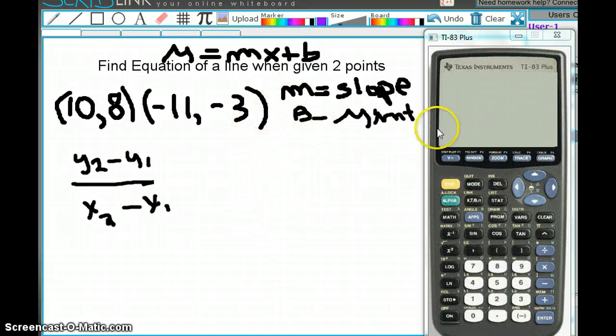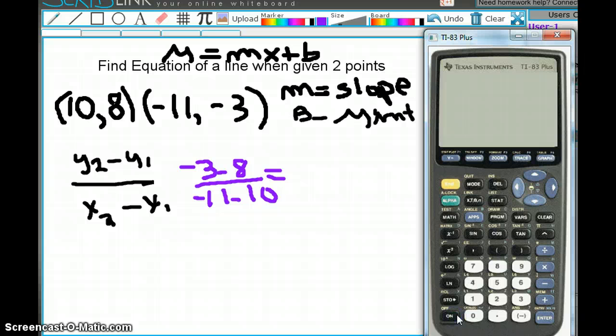So our y's we're going to subtract are negative 3 minus 8 over negative 11 minus 10. Okay, if you're not sure how to work with integers, you could simply enter it into the calculator.